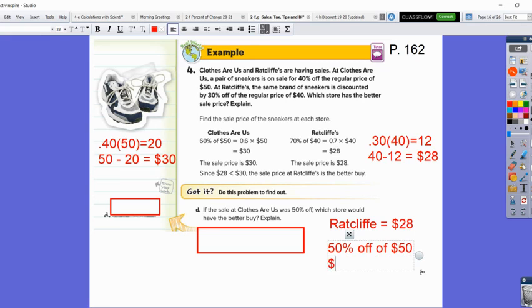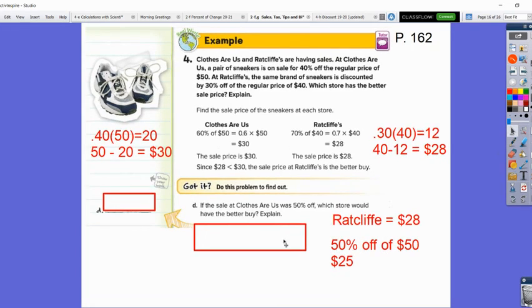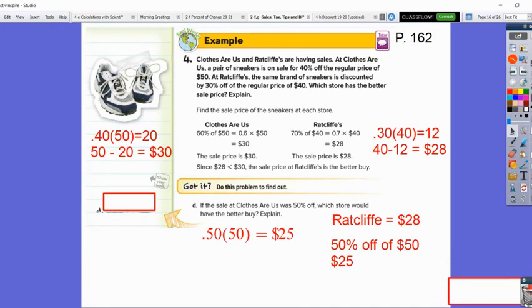It's $25. So now, which one is cheaper? Clothes R Us is cheaper. $25 instead of $28. So answer the question. Clothes R Us is cheaper. $25 is less than $28. This would be the justification, right? Why you decide that Clothes R Us is cheaper.